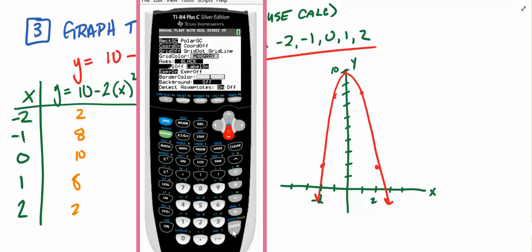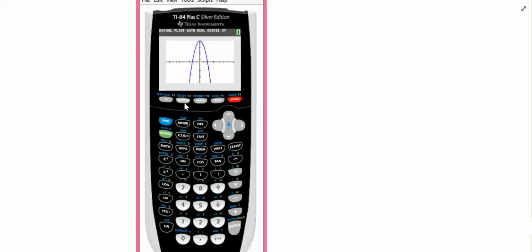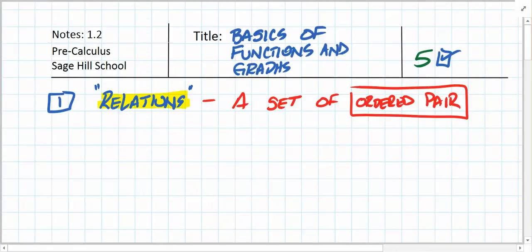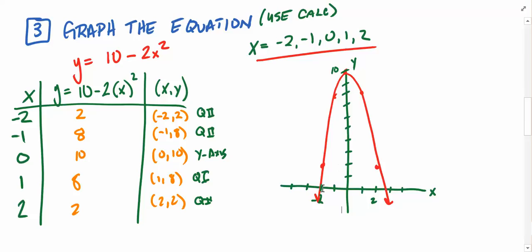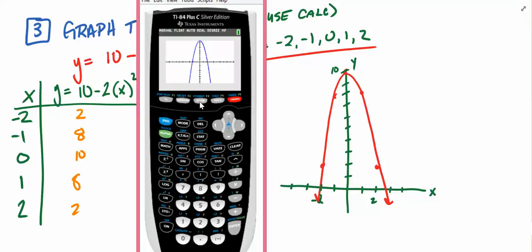So how do we graph it? Underneath second zoom, which is the format. All right, ladies and gentlemen, you have the ability to move this window around. Okay, what I mean by that, so if you take a look at what our graph looked like right here, notice that it's just from negative 2 to 2 and then up to 10. You have the ability to move the window around by going to the window button. That button is here. If you change these settings, then it will change the actual window of the graph.